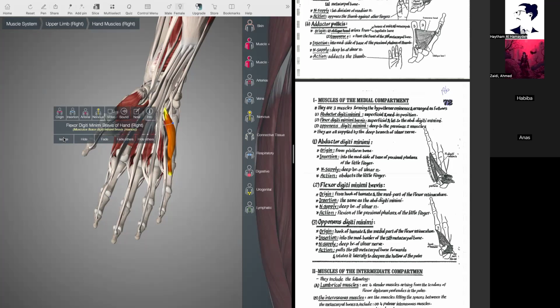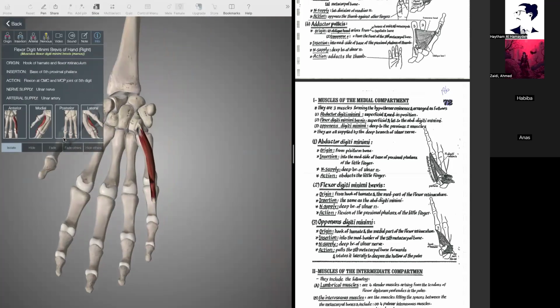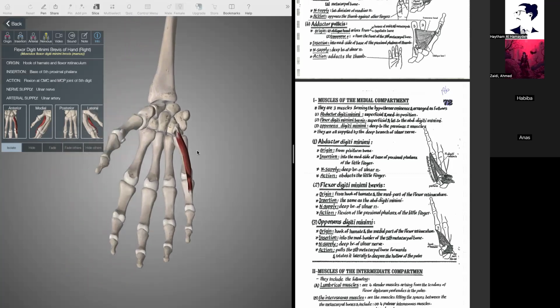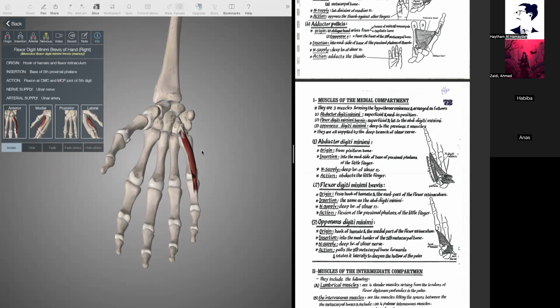Now, the one after it, flexor digiti minimi brevis. Origin from the hook of the hamate. That's it.